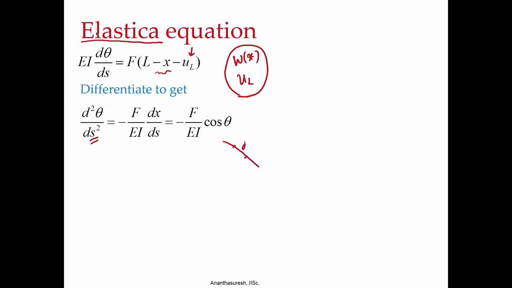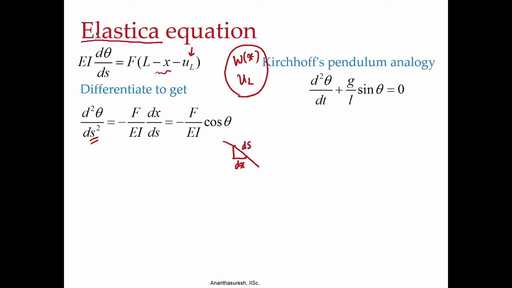So, when a beam deforms like that, if I take a small, infinitesimal element and call it ds, then there will be a vertical and horizontal component. We are here interested in this horizontal component dx, that will be ds times cosine theta. So, we are replacing the dx by ds with cosine theta. Okay. And then we do now see the analogy with the large displacement oscillations of a pendulum. This is Kirchhoff's pendulum analogy and the equation that we got.